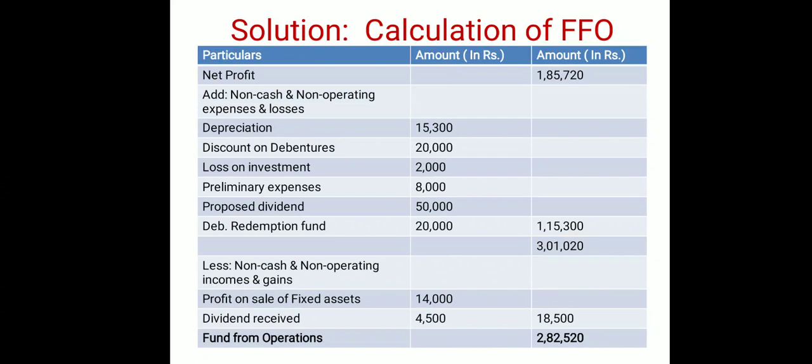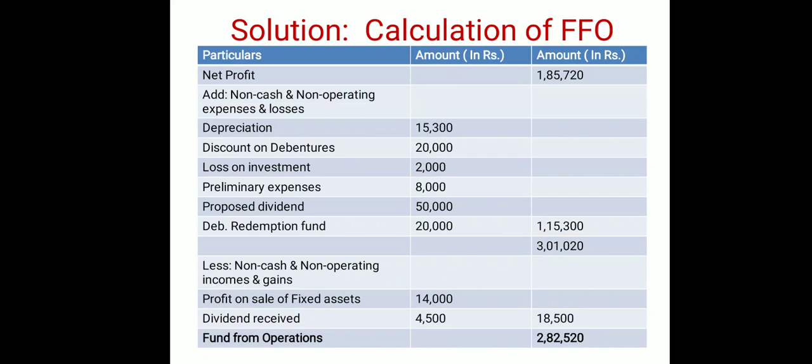Make a total of all those amounts and write it in the outer column, which is 1,15,300. Now I'm going to make a total of both, that is net profit and the non-cash and non-operating expenses or losses, which gives us the total amount of 3,01,020.